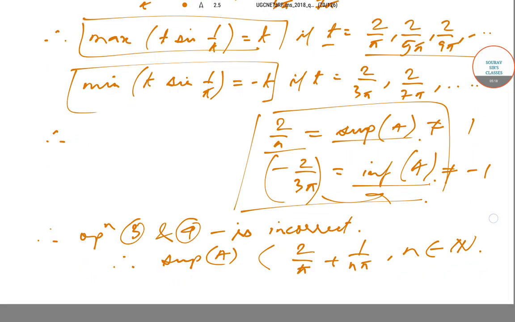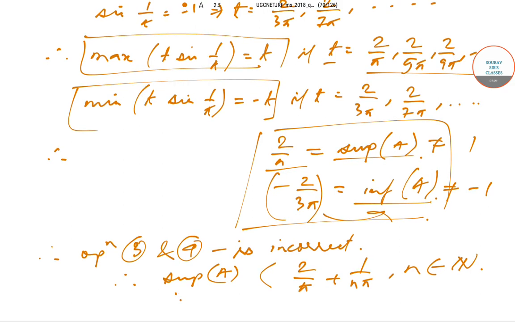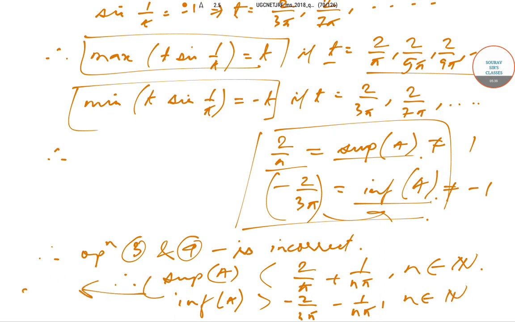And similarly, we can write that infimum of A is greater than minus of 2 by 3 pi minus 1 by n pi, where n belongs to the set of natural numbers. So these statements are basically option 1 and 2. So the correct option is option 1 and 2.